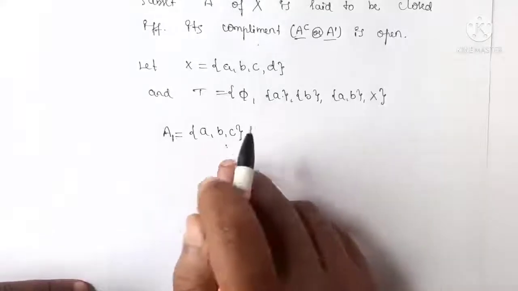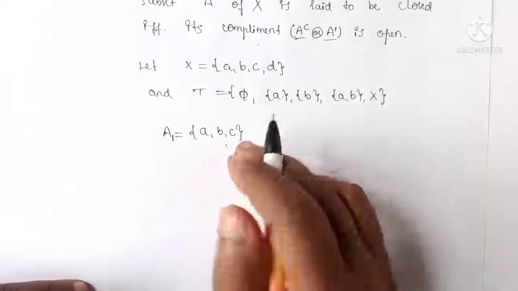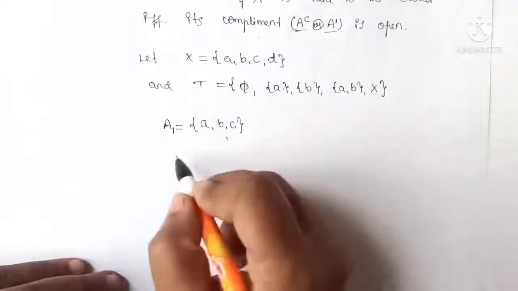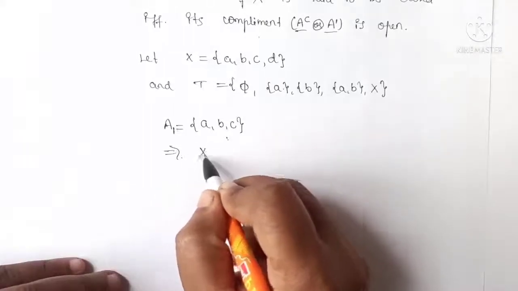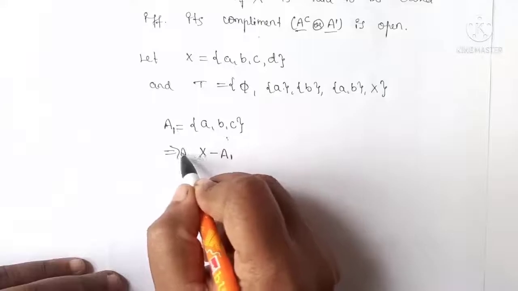Now we have to check whether this is closed or not. In order to check, we have to take the complement of this one. So the complement of A1 is X minus A1.